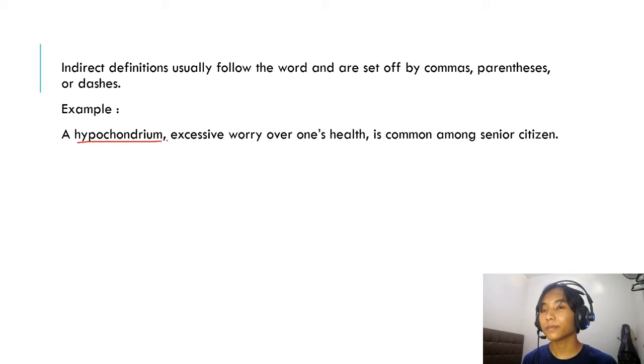Hypochondria, the special word, is followed by the explanation separated by commas, and this is the explanation. So hypochondria is an excessive worry over one's health.